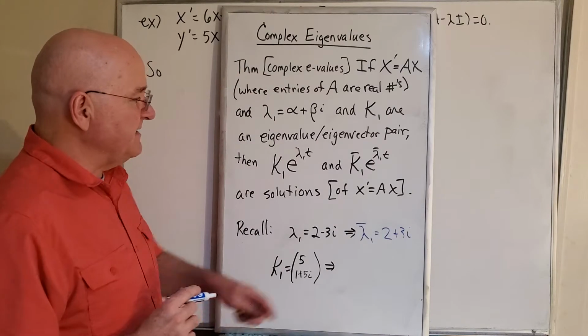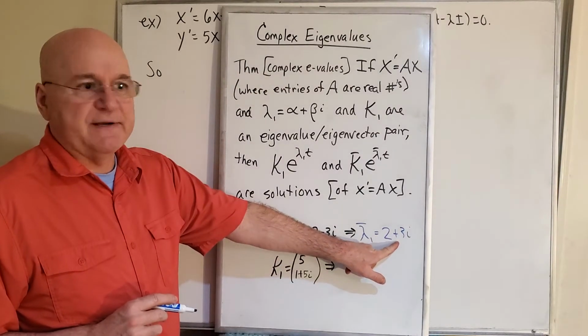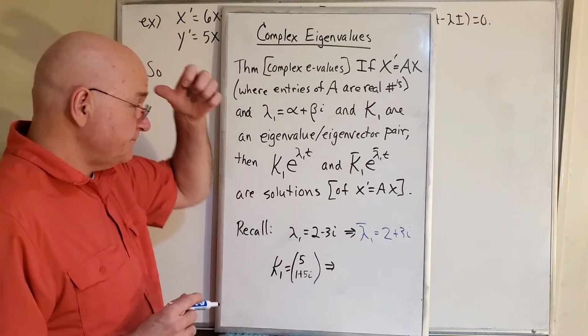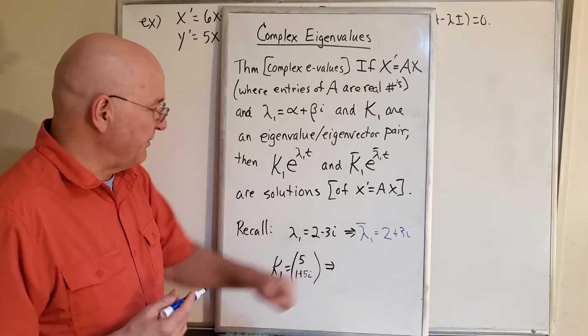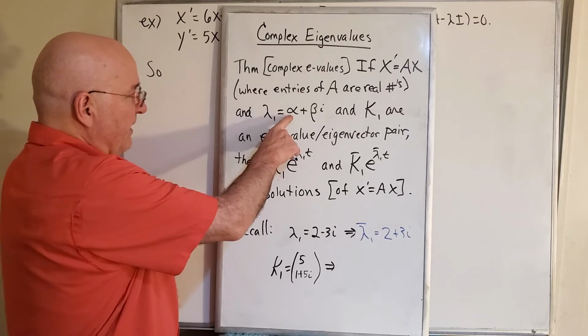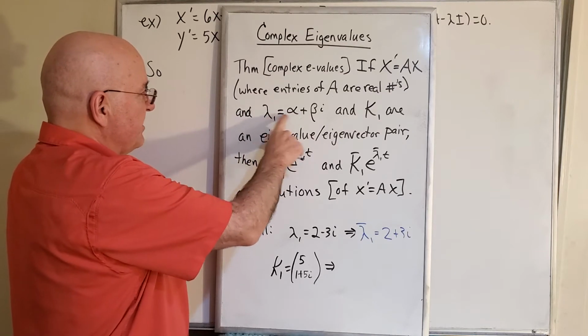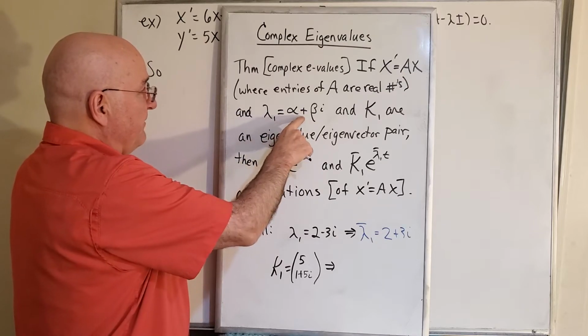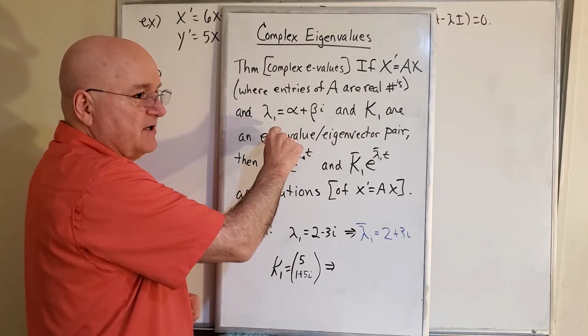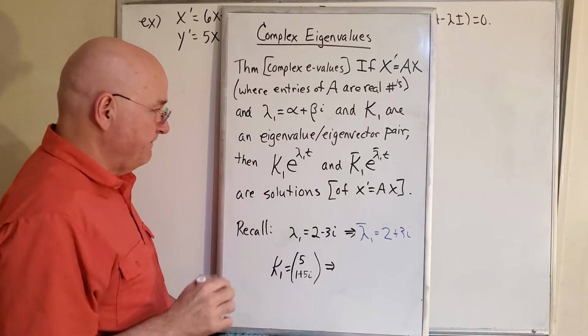So you change the sign in front of the imaginary portion of this. You don't change the sign on the real number part. Alpha doesn't change. The complex conjugate of this is alpha minus beta i. And if we have alpha minus beta i, then the complex conjugate is alpha plus beta i.